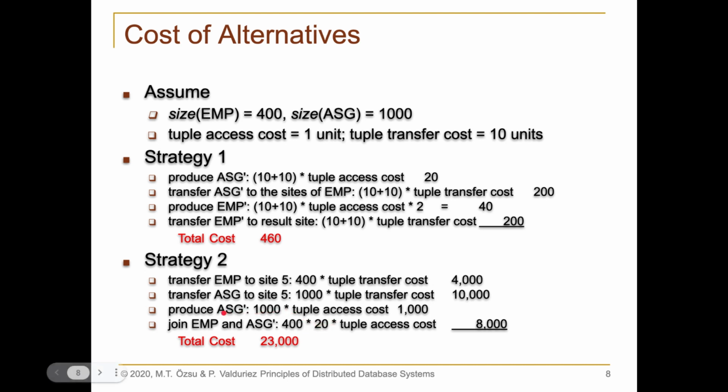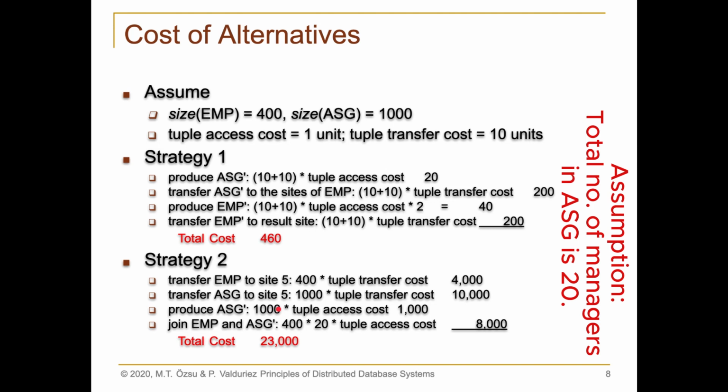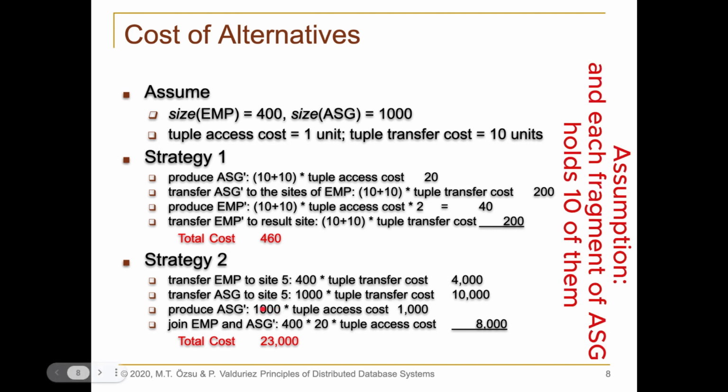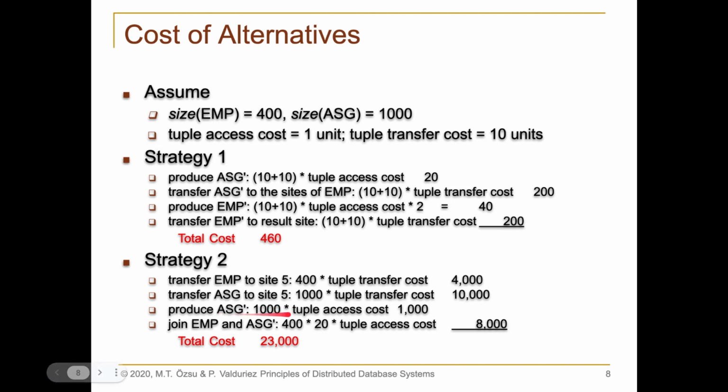Producing assignment prime yields 20 tuples, because we said assignment prime at the maximum holds 20 managers or 20 tuples that belong to managers. So the cardinality of assignment prime is 20, but employee has a size of 400 tuples. So the equijoin between employee and assignment prime is 400 times 20.